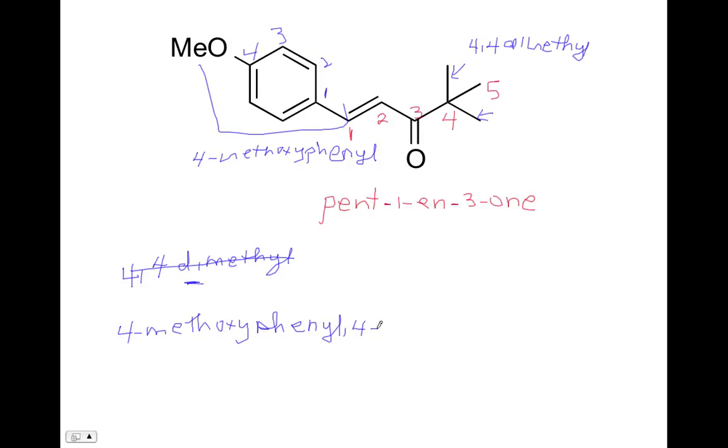Then you put the 4,4-dimethyl. Then you add your parent name, which will be pent-1-ene-3-one.